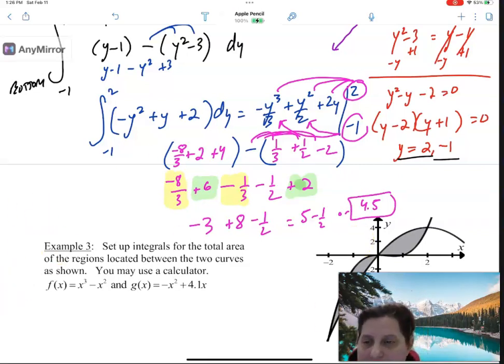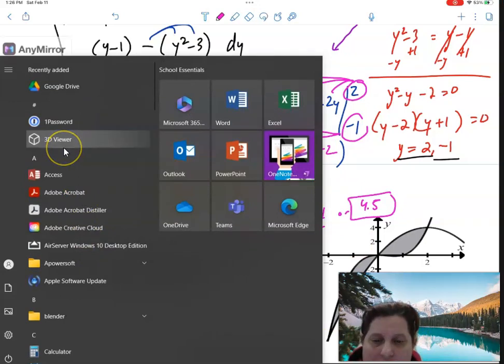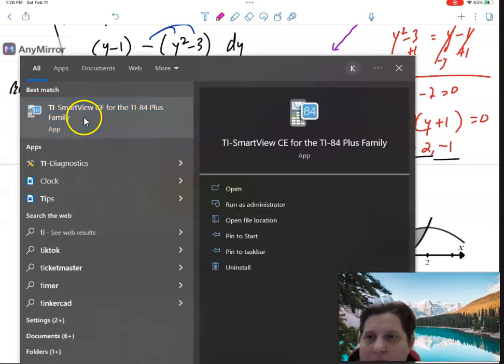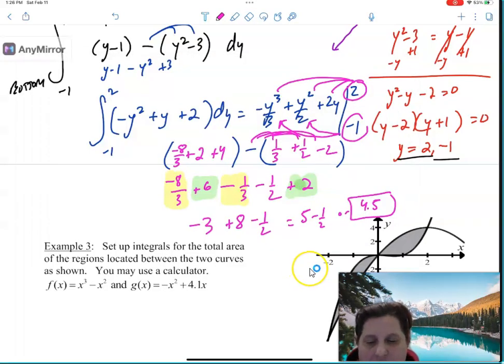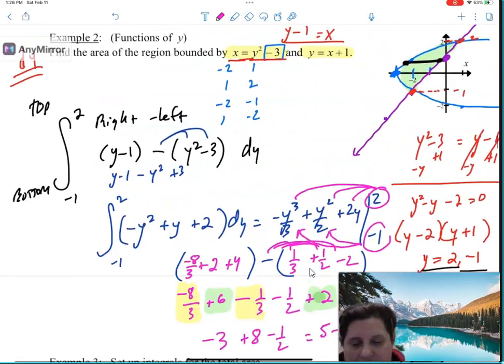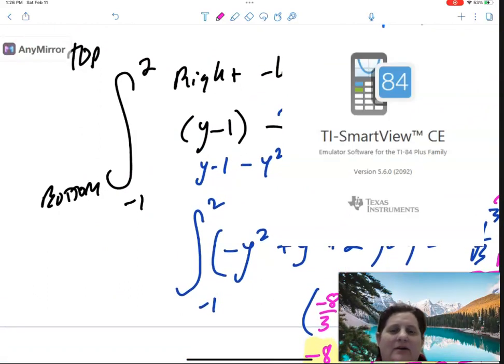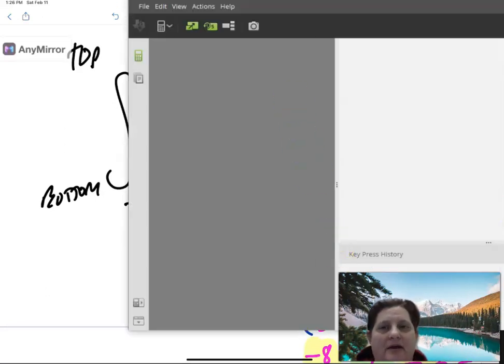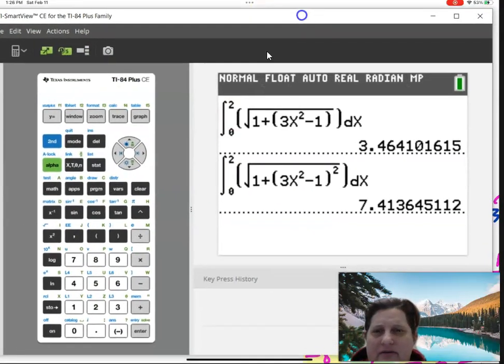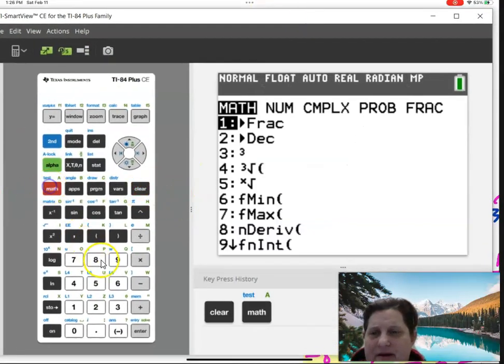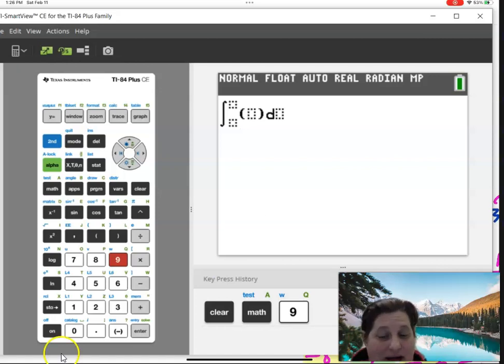If you wanted to check this on a calculator, you could just put this in here, right minus left, bottom to top. On my calculator, I can't exactly make it a dy, but it doesn't matter because y is just what we call a dummy variable, it can be whatever. So on my calculator, going math 9, I don't have to use y's, I can just use the letter x.